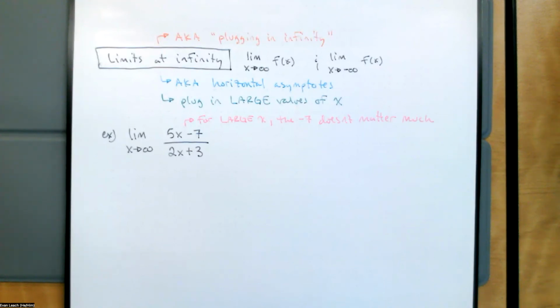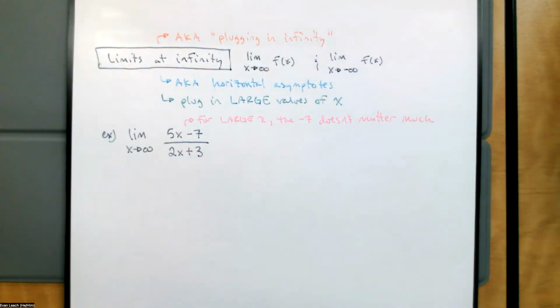Think like a mathematician. Imagine this: when x is $1 billion, and I hand you a bag with $5 billion in it, you don't care that you're gonna have to spend $7 in gas to come pick it up. $7 doesn't matter in the face of 5 billion for large values of x.